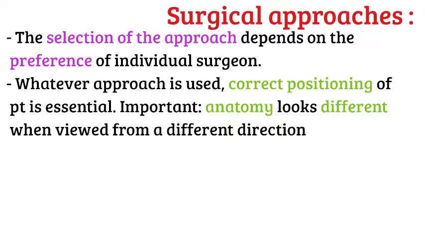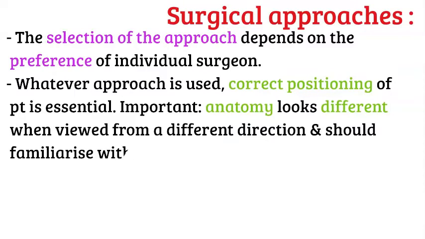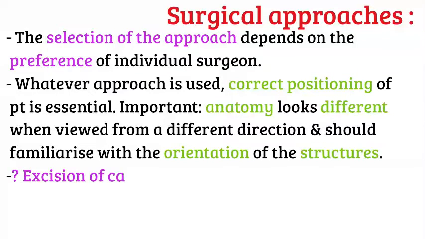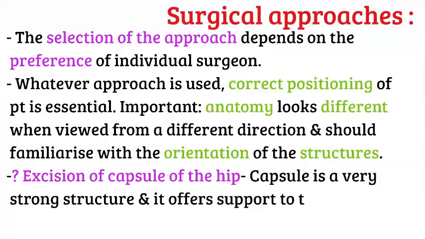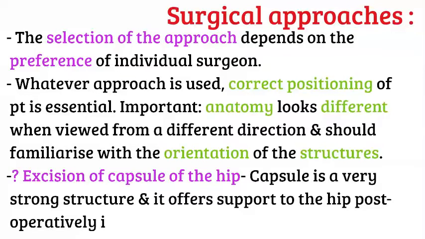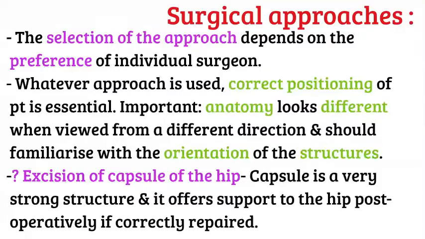Whatever approach is used, correct positioning of the patient is essential. The important thing to note is that the anatomy looks different when viewed from a different direction, and you should familiarize yourself with the orientation of the structures before you start.